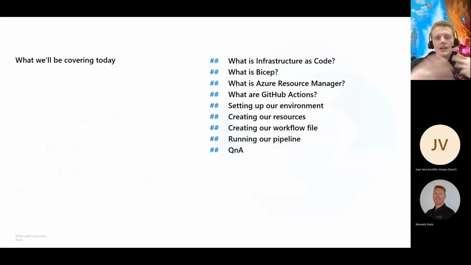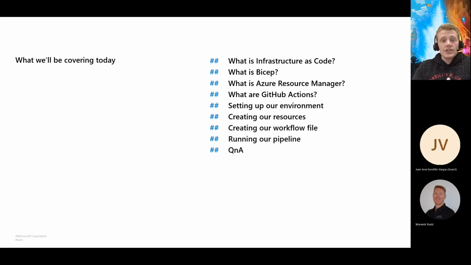So just to take you through what we're going to be talking about in this session, first off, I'm going to define what infrastructure as code is and why we would use code to provision our infrastructure. Then I'll talk a little bit about what Bicep is. Some of you may have had some experience with infrastructure as code before. Don't worry if you haven't, that's not a prerequisite for this session, but I'll explain what Bicep is and how it relates to Azure.